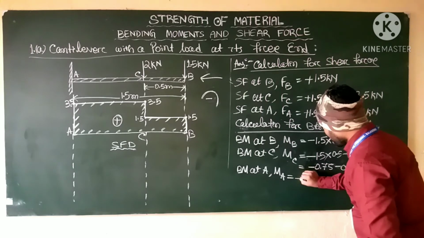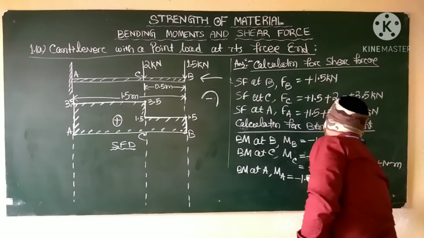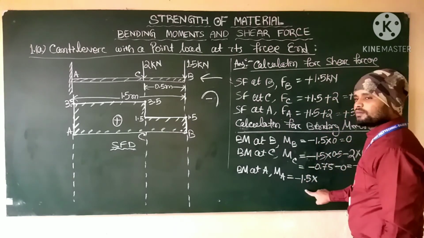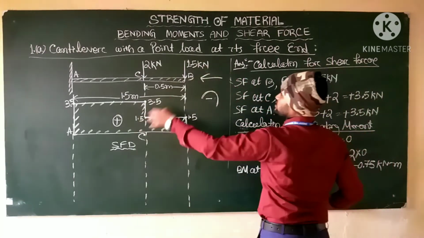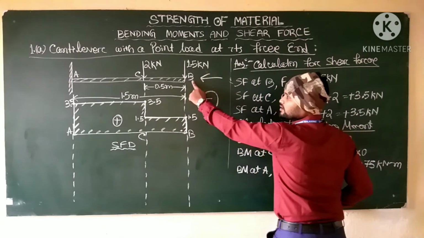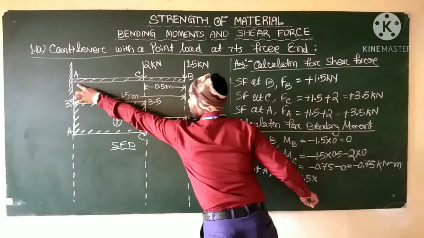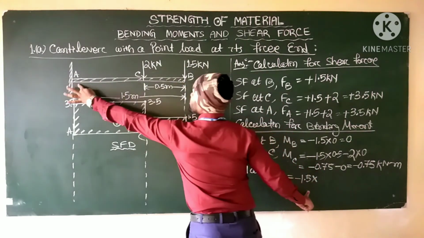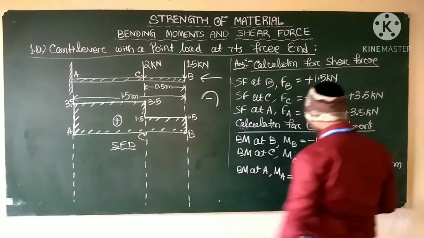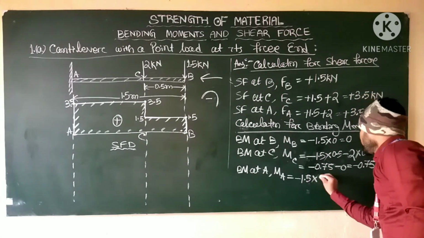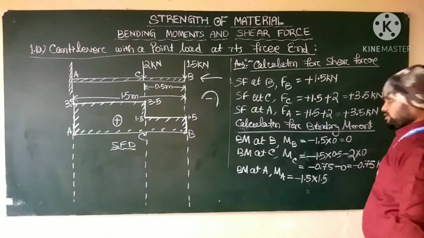That means negative 1.5 into, as you calculate the moment, force into distance. The force is at B, and the total distance from A to B is 1.5 meter. So 1.5 load into 1.5 meter distance.